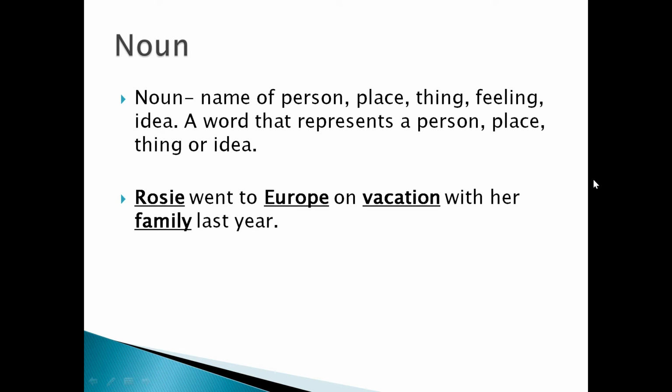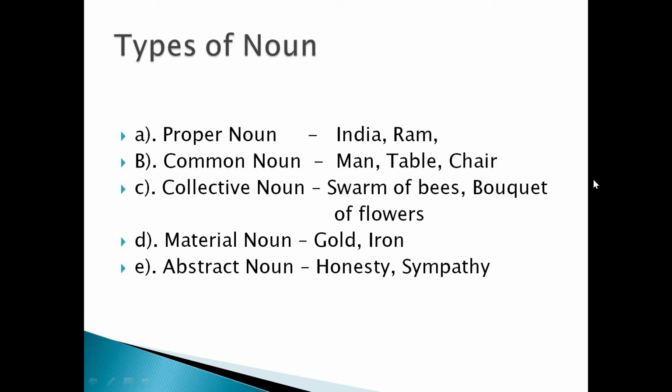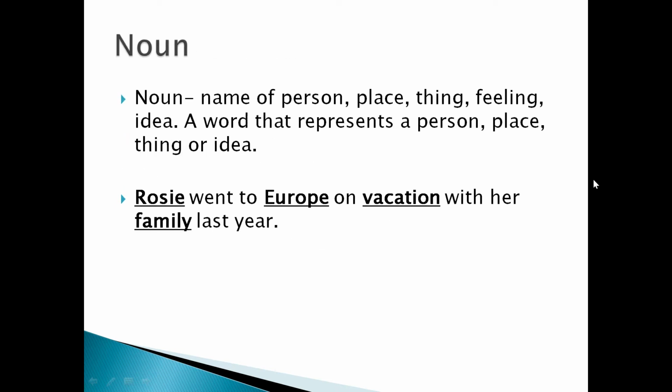Vacation is the name given to a trip. Next noun is family. What's family? Family is the group of people in which there are mother, father, daughters, brothers, sisters. So this is the name given to a certain kind of group. And the next noun in the sentence is year. Year is a period of time.